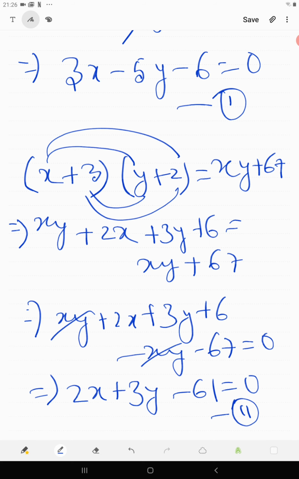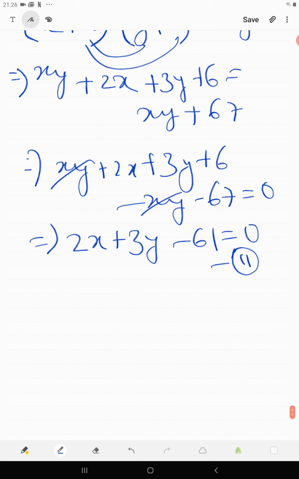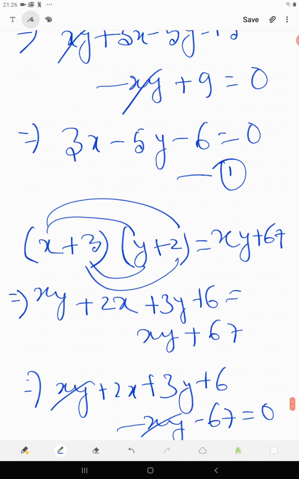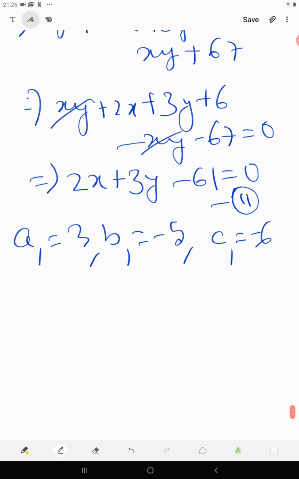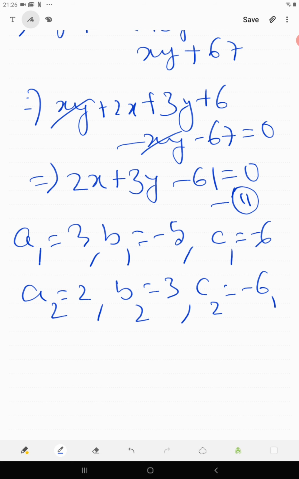Okay. So we have two equations now. So again, a1 is how much? a1 is 3, b1 is minus 5, and c1 equals minus 6. You can see over here, correct? Similarly, a2 equals 2, b2 equals 3, and c2 equals minus 61.